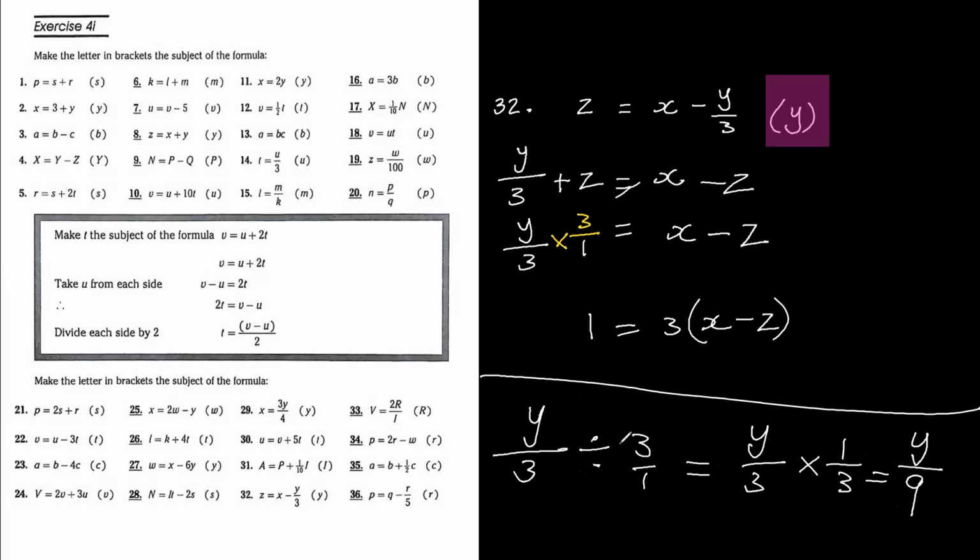So the division sign changed to multiplication because of KFC: keep, flip, change. So we are multiplying by 3 over 1.